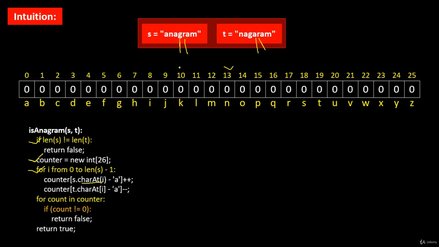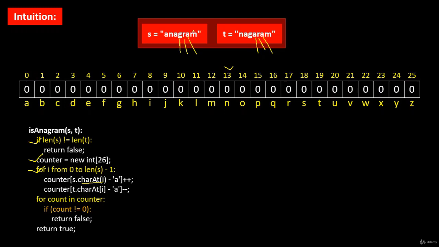So we will increment at R, and this value changes to 1, and if we decrement, this value changes to 0. Now the next character is A, and here A as well. First we'll increment for this string, so this value will be changed to 1, and we'll decrement for the other string, so this value will be changed to 0.